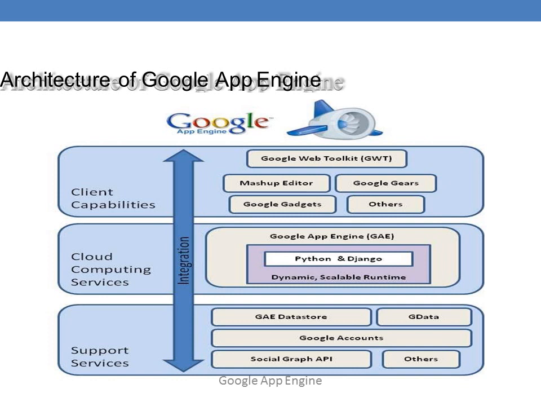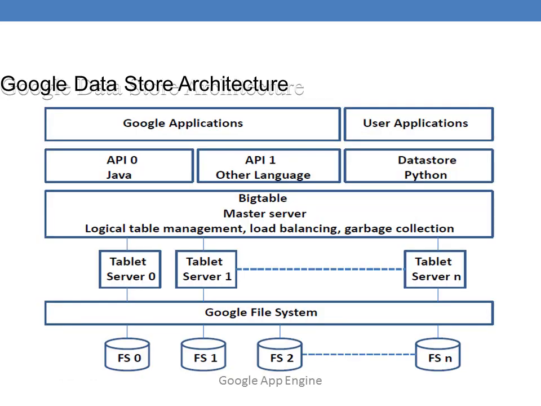So client capabilities: cloud computing services, with support services integrated with Google Web Toolkit (GWT), Mashup Editor, Google Gears, and Google Gadgets, among others. And Google App Engine has Python and Django, a dynamic scalable runtime. Finally, it supports services through GAE: Google App Engine data storage, Google Data, Google Accounts, the Social Graph API, and others.